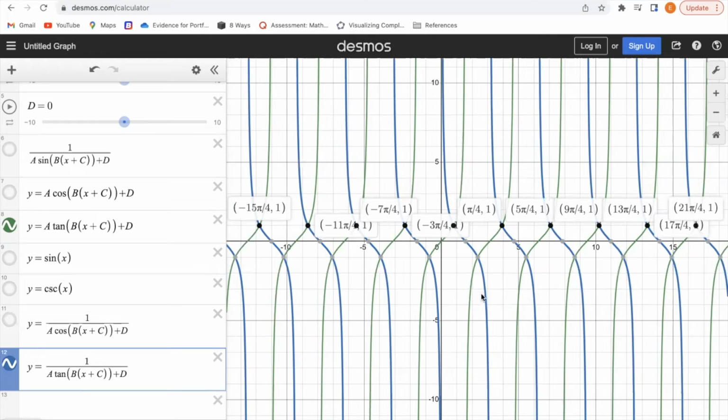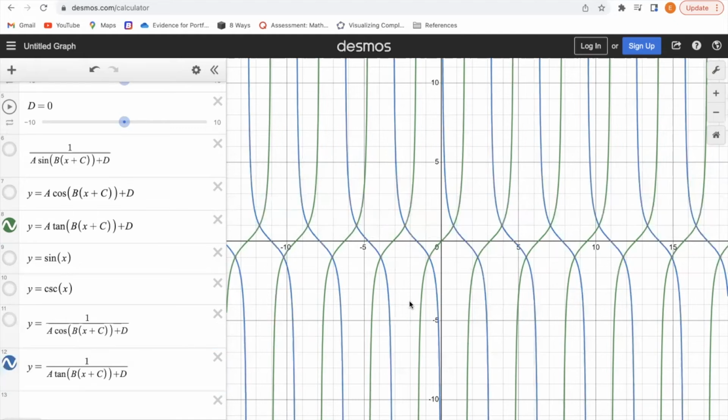The middle part of my new function passes through where my asymptote would be for my normal tan graph. You can see I've ticked a lot of points there. We don't need to put all these points on when we're sketching. This is more just to give us an idea of what these graphs look like. The green graph is tan. The blue graph is 1 over tan.